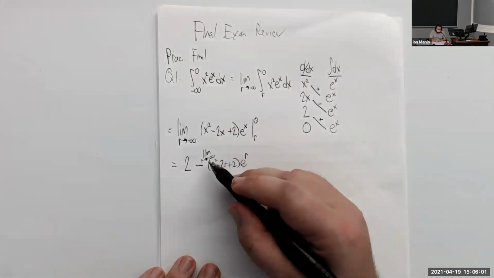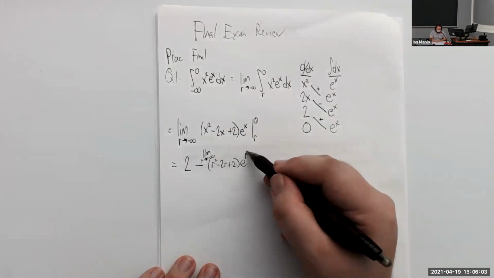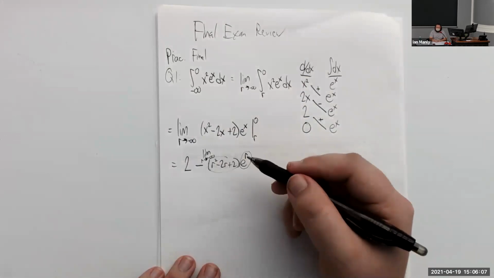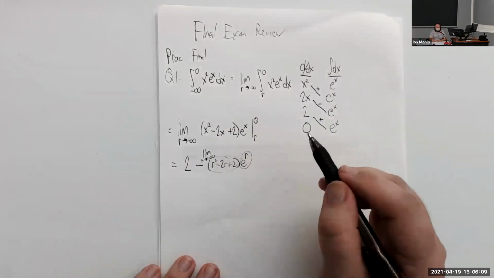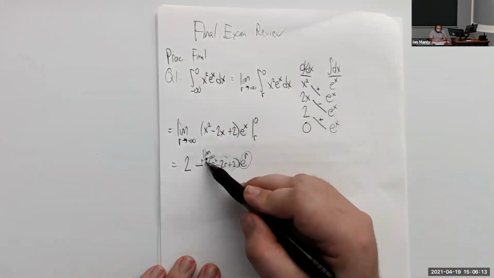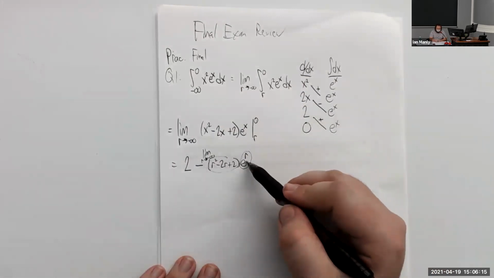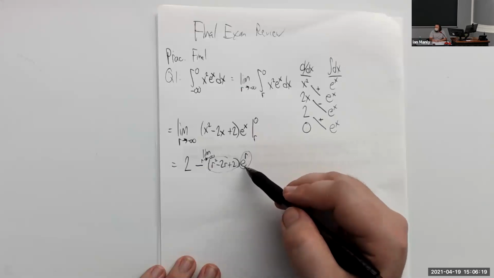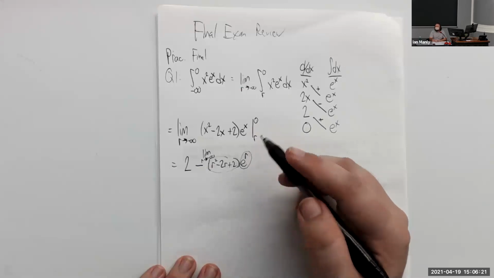So remember, when it comes to limits going to infinity, exponentials have a higher priority than polynomials, right? What the exponential does is going to dictate what happens as opposed to the polynomial. Now, as r goes to negative infinity, what is e to the r going to do? It's going to go to 0. That's right.